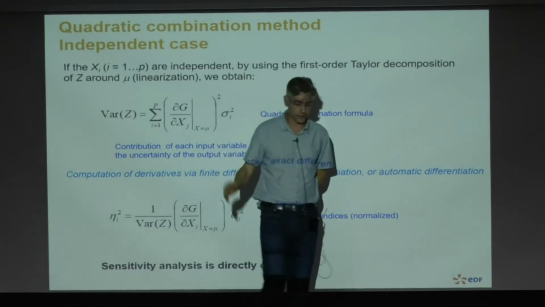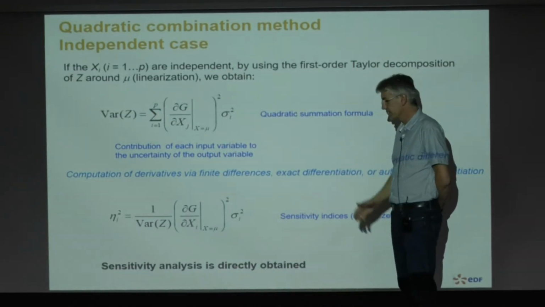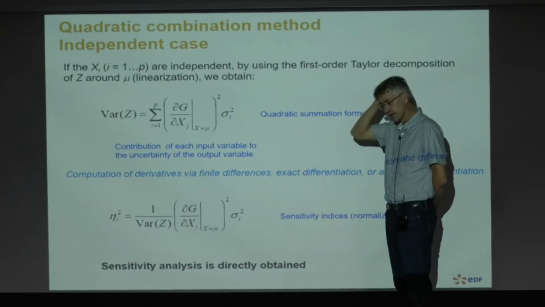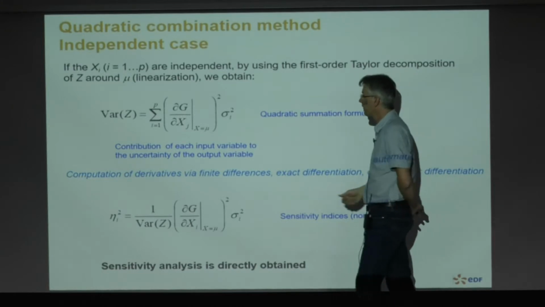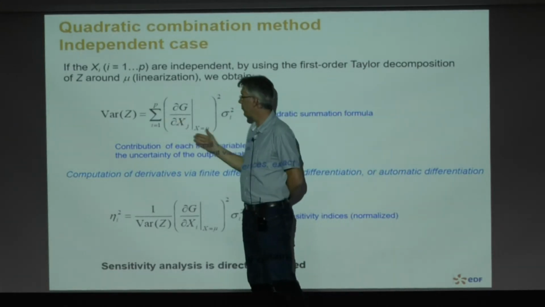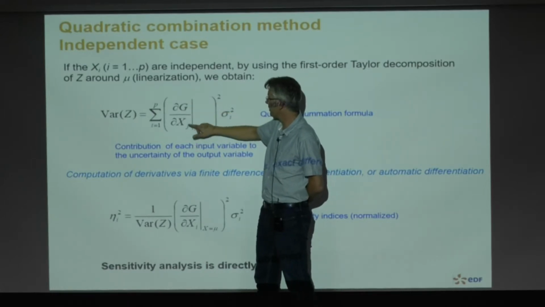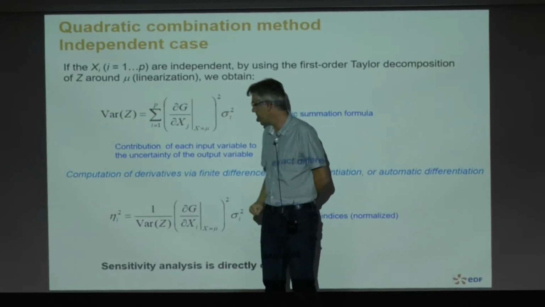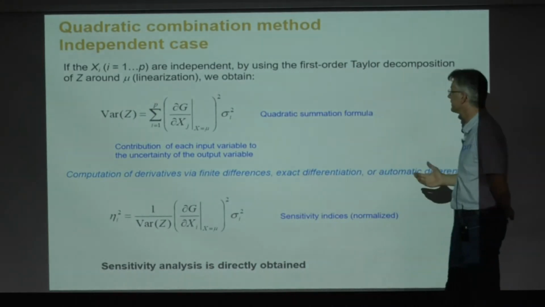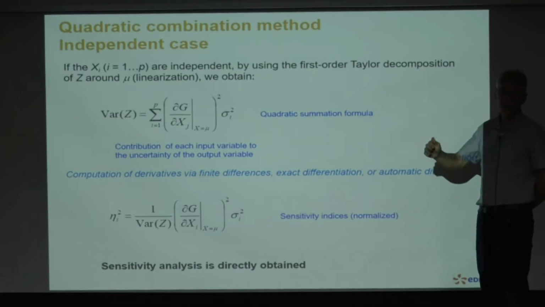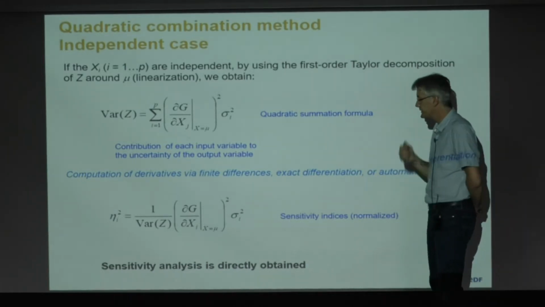I have explained the very simple formula of decomposition on variance on my lecture on Tuesday on the uncertainty propagation step. So this is the same formula, and we see that we have each individual contributions of each X inside the formula. We have the direct answer to the question of global sensitivity analysis. However, it is based on a hypothesis of linearity, which is not respected most of the time.